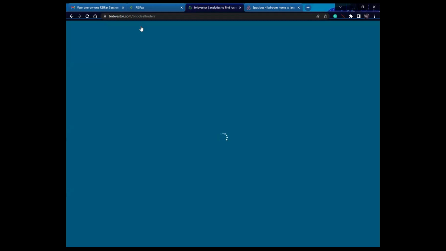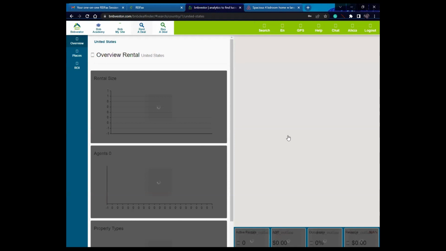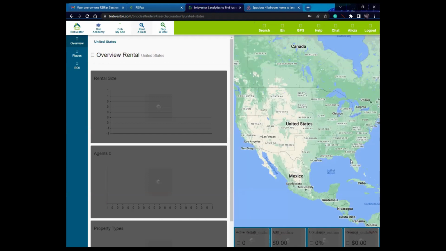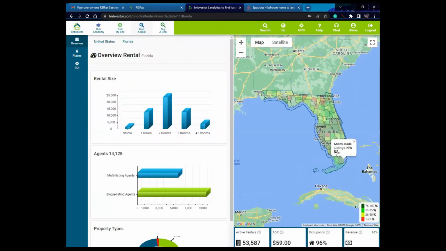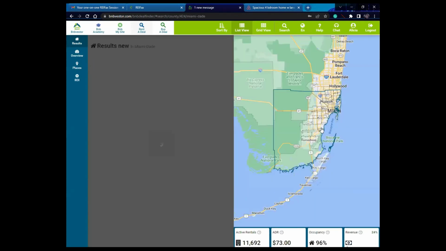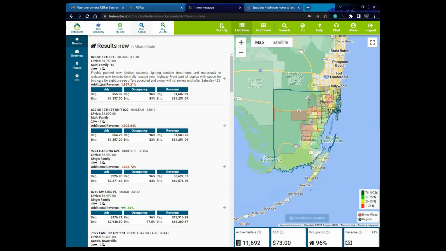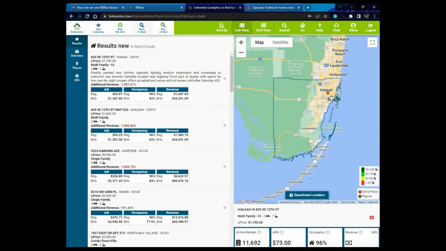It takes a little bit to load. Sorry for this. Again, it took me out, so let's go back to Florida, Miami, go to listings, and let's zoom in.